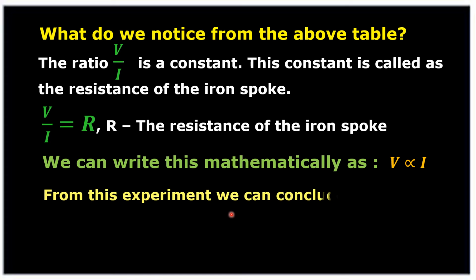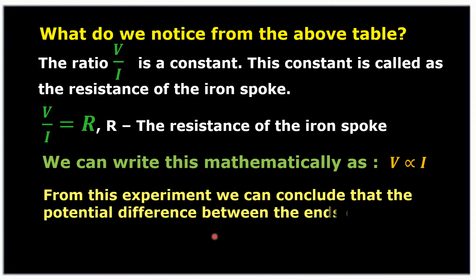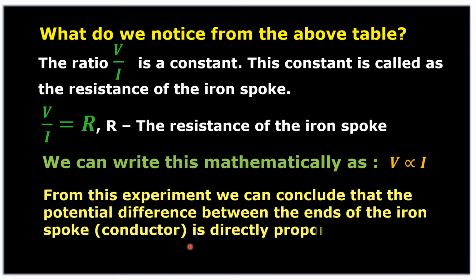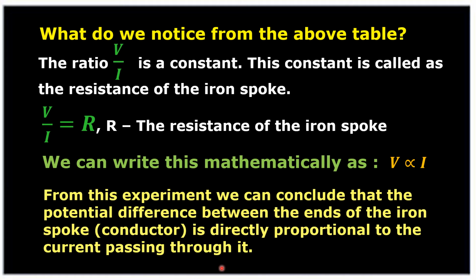From this experiment, we can conclude that the potential difference between the ends of the iron spoke, that is the conductor, is directly proportional to the current passing through it. That means when more current passes through the conductor, then more potential difference will get across the ends.